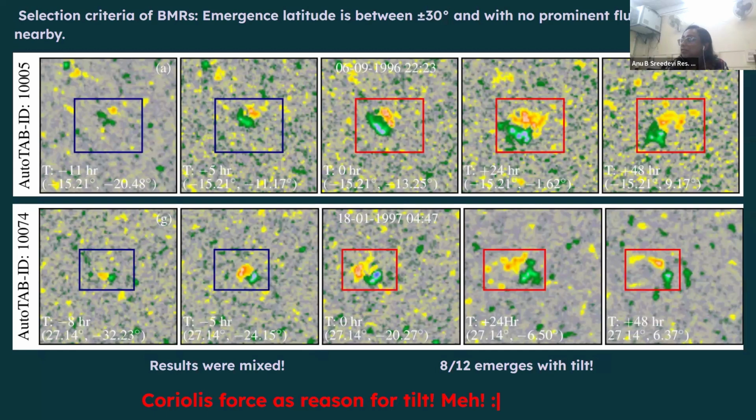Tilt is a very erratic quantity. It can be severely influenced by surface dynamics and turbulence. So at least if we are able to identify the flux emergence properly, we can have a confirmation on this. But we believe that some part of the tilt observed in BMRs is from the Coriolis force.